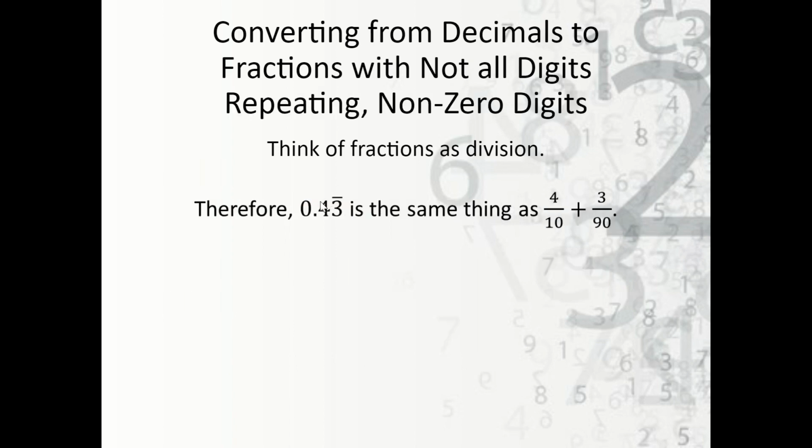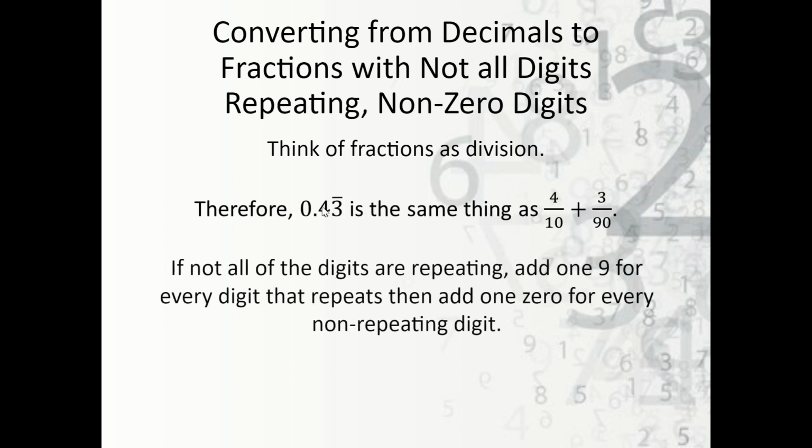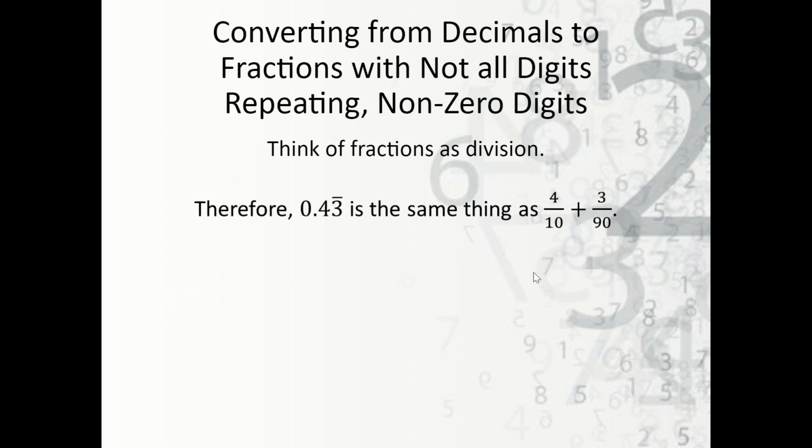Now, what if the non-repeating value is not a 0? So we have 0.43 repeat, and I'm telling you that that's the same thing as 4 over 10 plus 3 over 90. So we're going to treat this as being separated from each other.